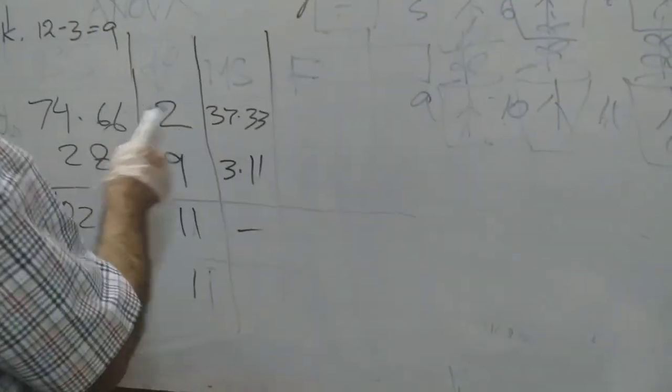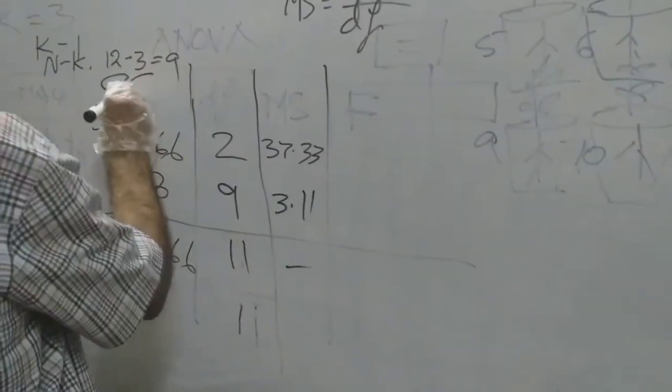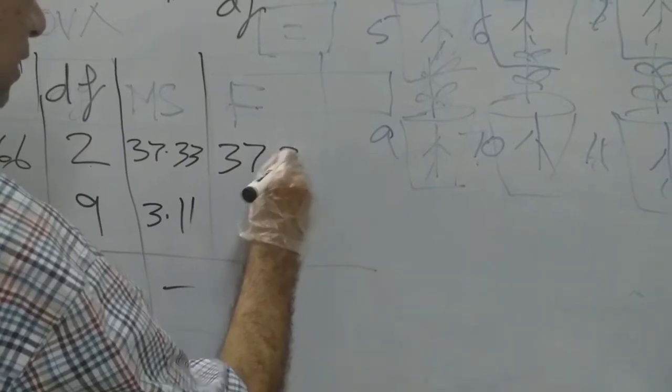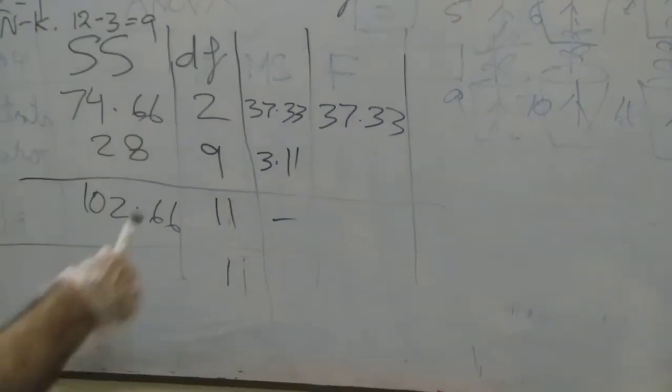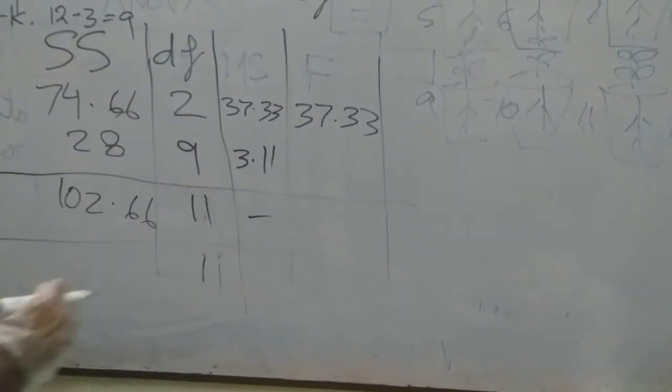So this is sum of squares SS divided by degrees of freedom, 74.66 divided by 2, 37.33, 28 divided by 9, 3.1. So these are the mean square.